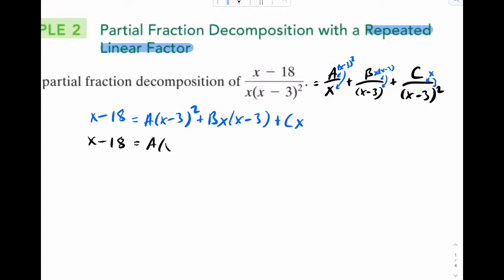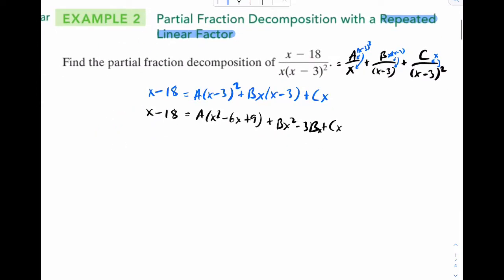That's A(x squared minus 6x plus 9) plus Bx squared minus 3Bx plus Cx. Let's go a little bit further with our algebra. Ax squared minus 6Ax plus 9A plus Bx squared minus 3Bx plus Cx.